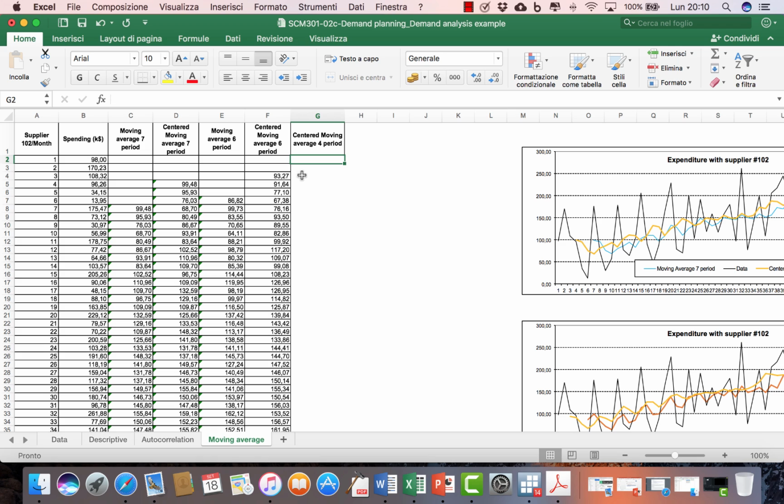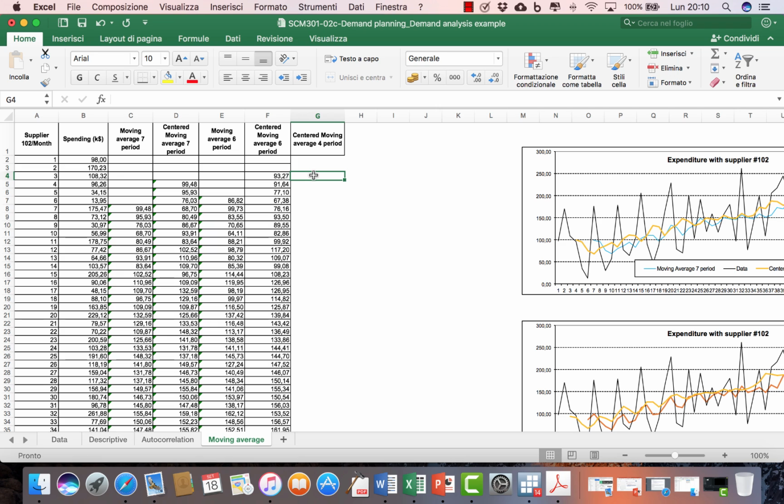So it means that for the first 4 observations the center will be in the middle.